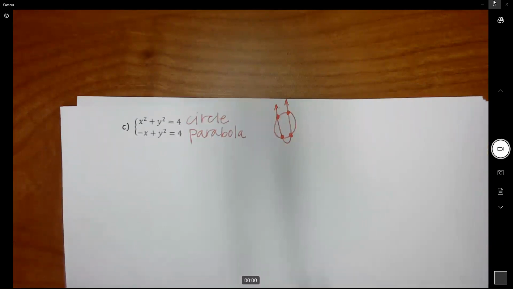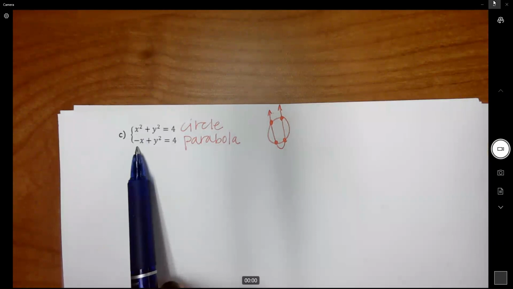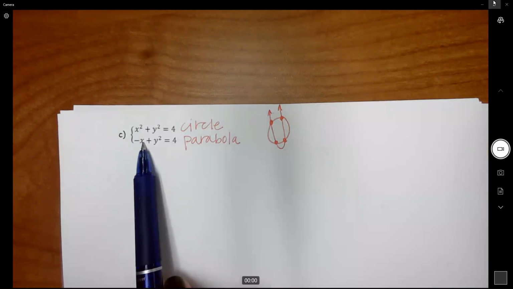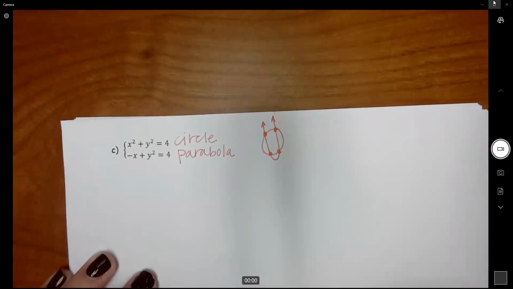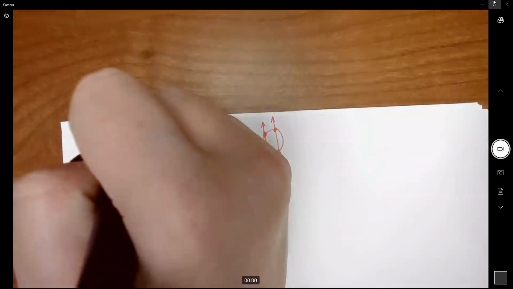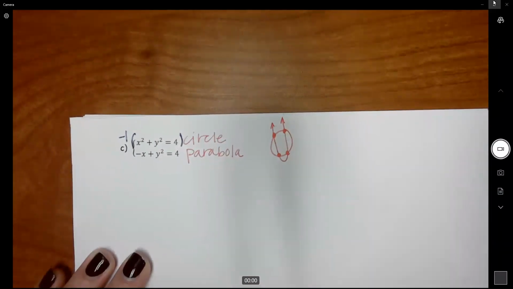Here, because I have y squared, I'm going to cancel out my y squares using elimination. I cannot do anything with these x's because one's squared and one is not. Those are not like terms. So I'm going to multiply the top one by -1.